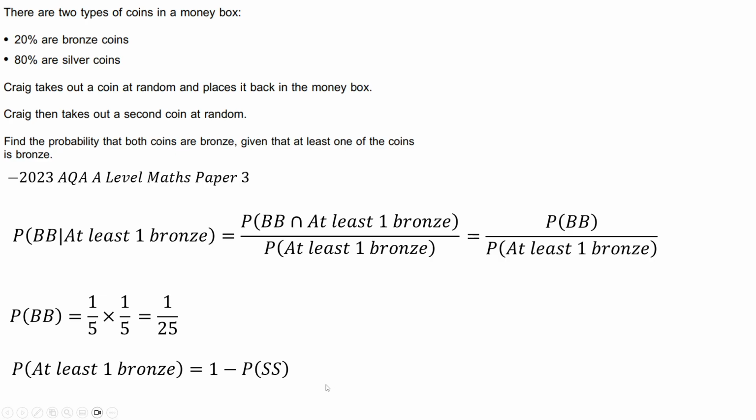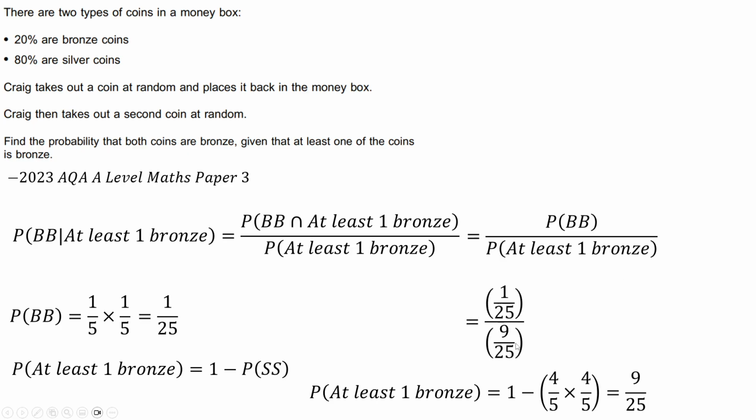It's just quicker to do it this way. So this is going to be 1 subtract 4/5 squared, because 80% is 4/5. And this gets you 9/25. Now we can just plug it into the formula. So bronze over at least one of them being bronze is 1/25 over 9/25. The 25s cancel, so you get 1/9.